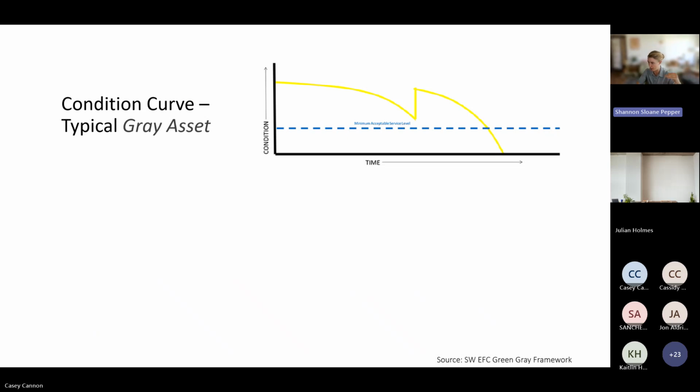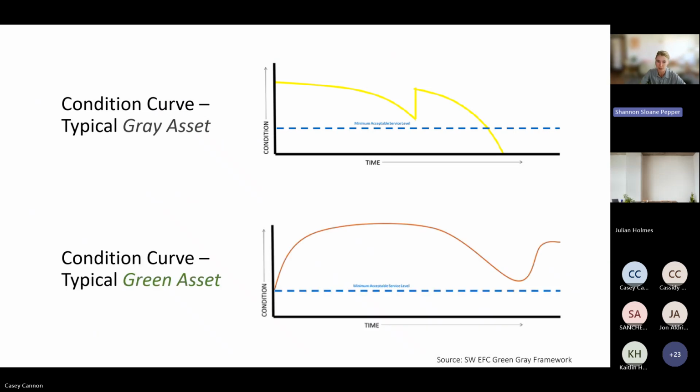The line dips toward that acceptable service level. Ideally, before it hits that level, you do some work or maintenance activity, you restore that asset to like-new condition, and then you have a similar kind of curve heading toward that acceptable service level. So that's a typical condition curve that you might expect for a gray asset.